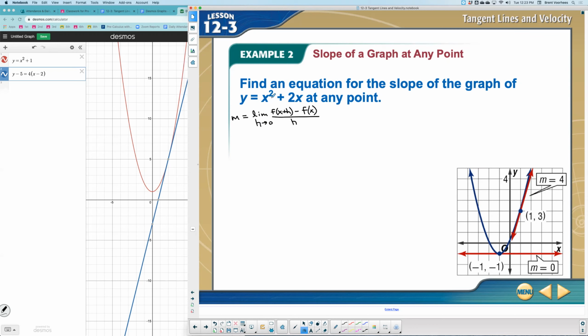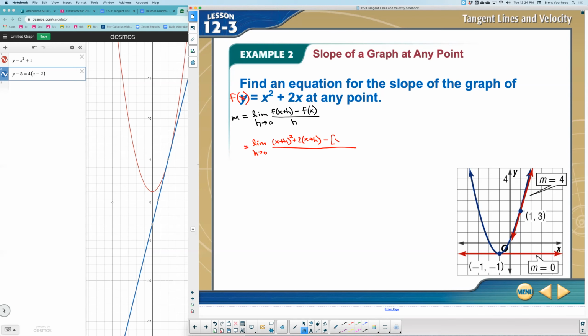Well, I'm still going to plug into my equation. So when I plug in here, I will have the limit as h approaches 0. And what I'm going to plug into my equation, again, they call it a y, we could call this f of x, is I'm going to substitute in here (x plus h) quantity squared plus 2 times (x plus h), and then we're going to subtract f of x, which means I need to subtract this whole equation.